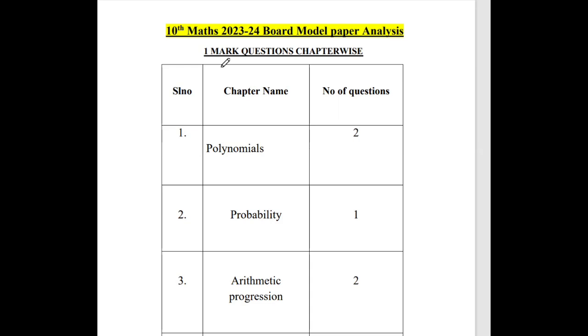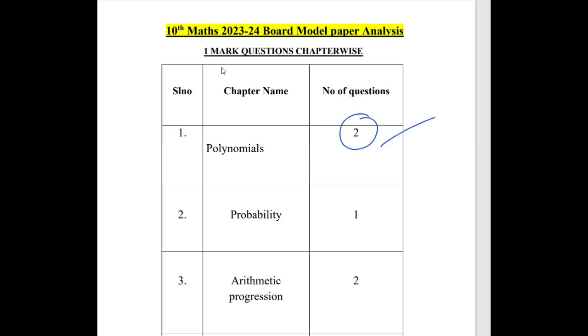If you see the 1 markers from polynomials, they have asked 2 1-mark questions. Generally this is the same. I have analyzed so many years of papers, and what I have concluded is that from polynomials there will always be 2 1-markers.